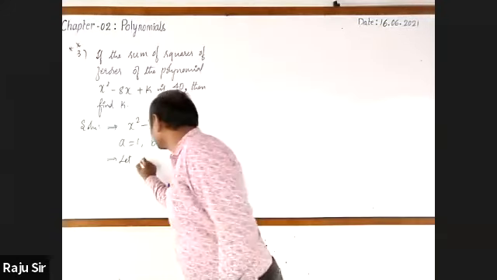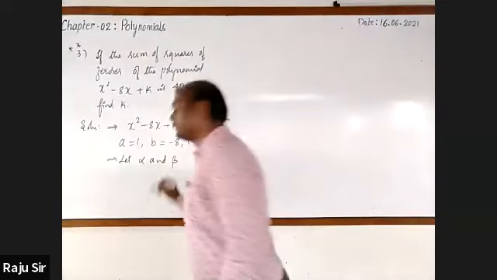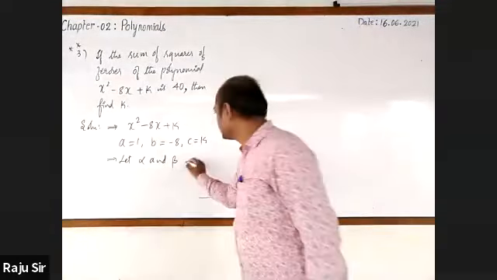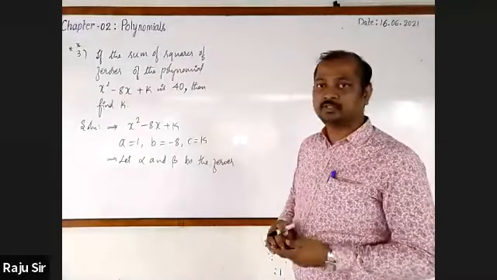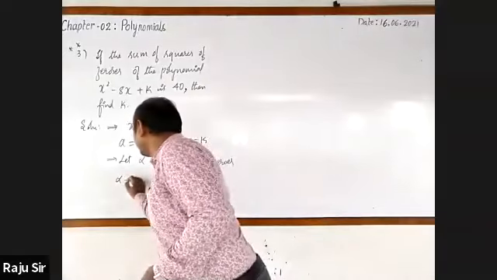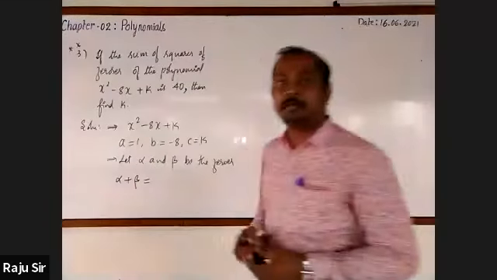Let alpha and beta be the zeros. Sir, k value is 12. Okay, very good. Then I can write alpha plus beta is minus b by a.